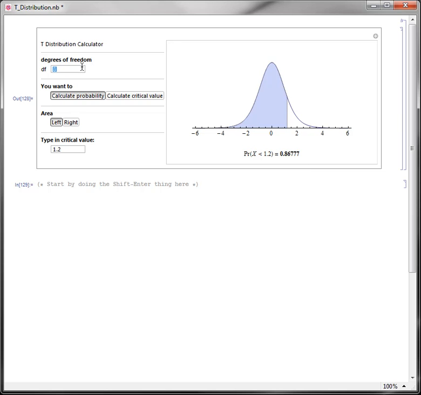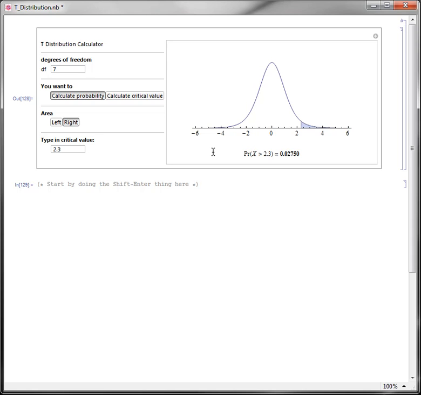Well, we'd change this to 7, change the critical value to 2.3, but now to sweep out the right tail probability, we would change the area choice here from left to right, okay? And read the statement again with me. The probability that x, a student t-distribution with 7 degrees of freedom, is greater than 2.3 is equal to 0.02750, or about 2.75%. Okay?